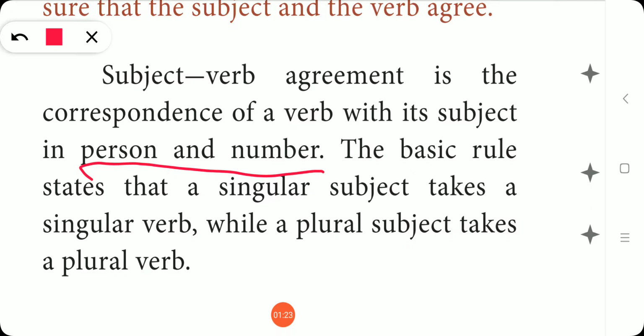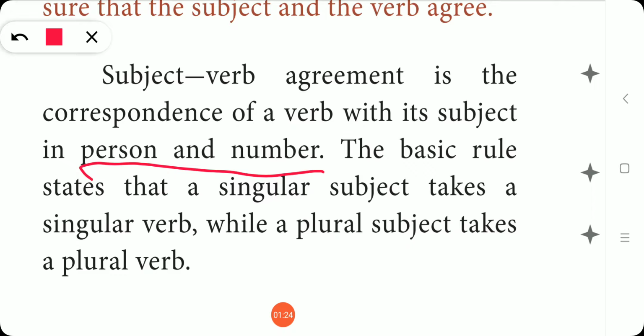This is the basic thing in subject verb concord, that is agreement. Apart from this, there are many rules for subject verb agreement, and only a few were given for you in this prose. Let us see them one by one.